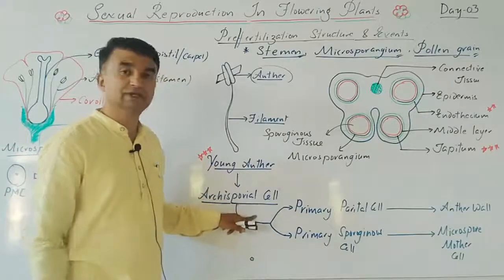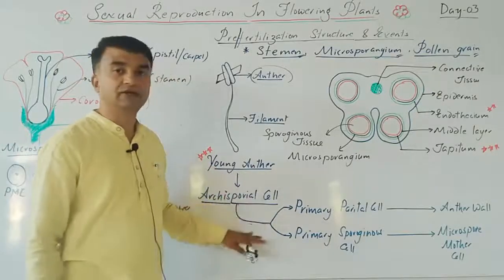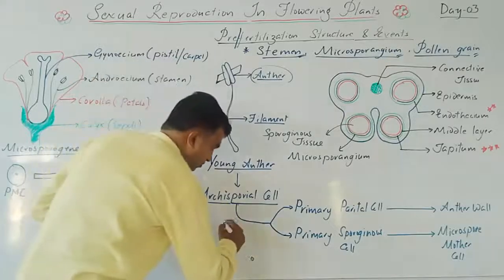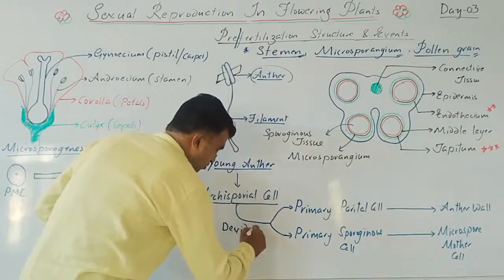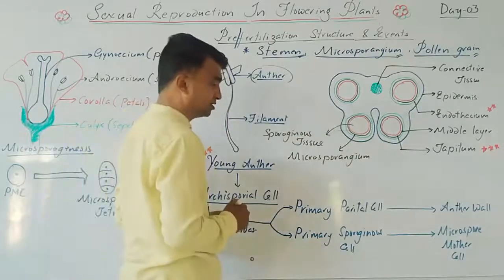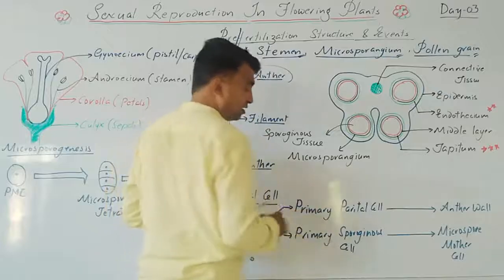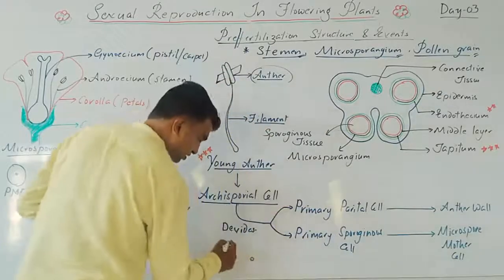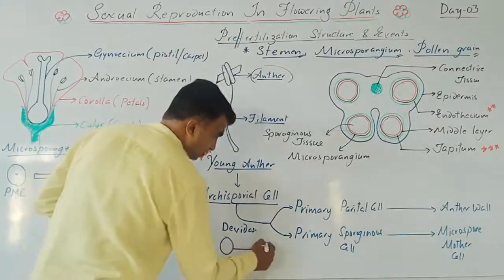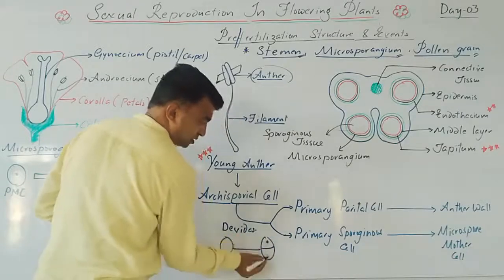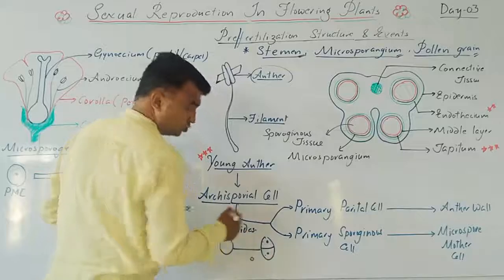This archesporial cell divides and produces two types of cells: the primary parietal cell and the inner primary sporogenous cell.